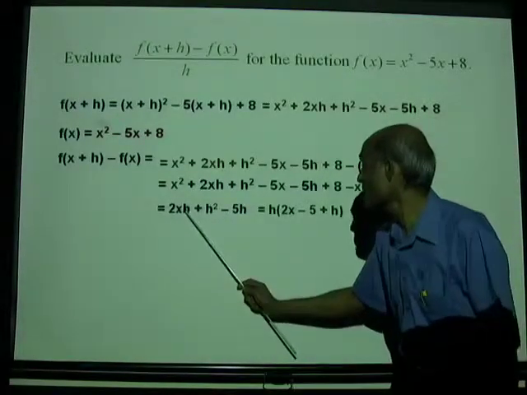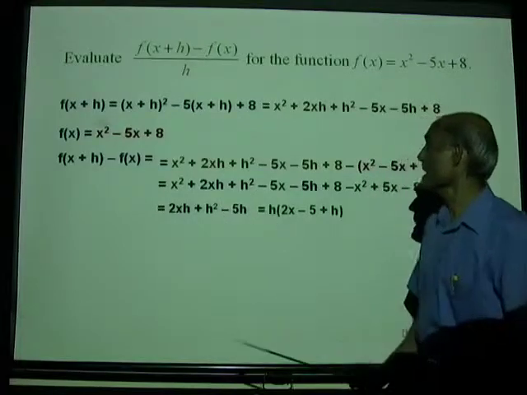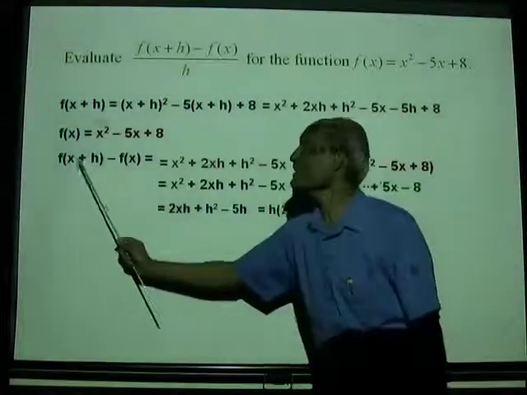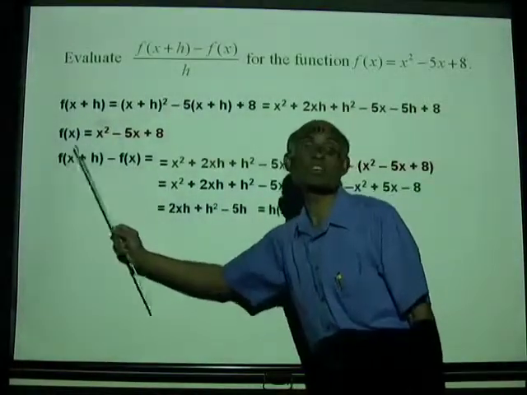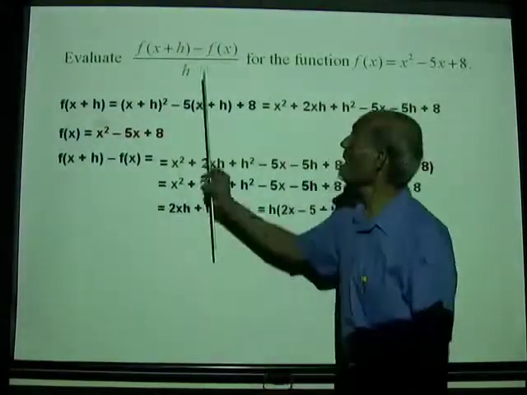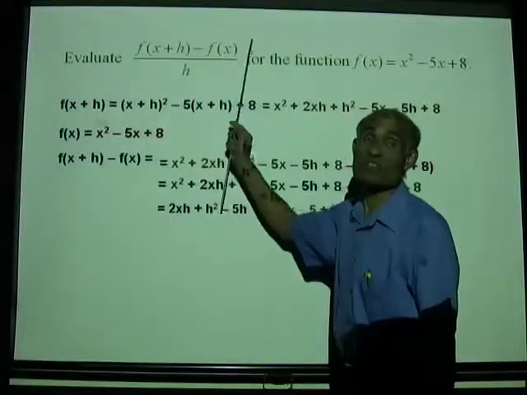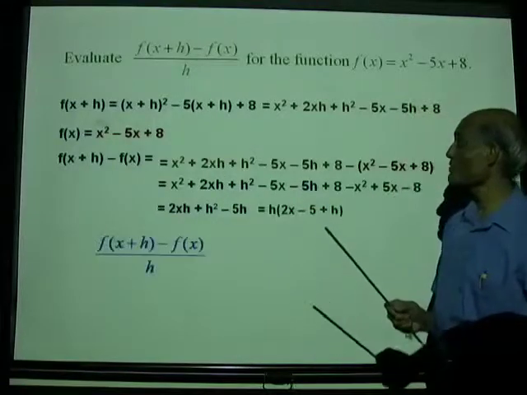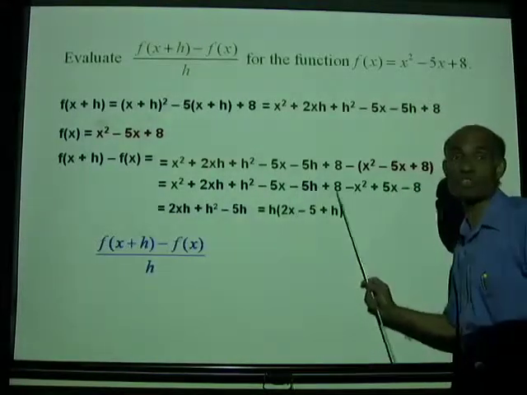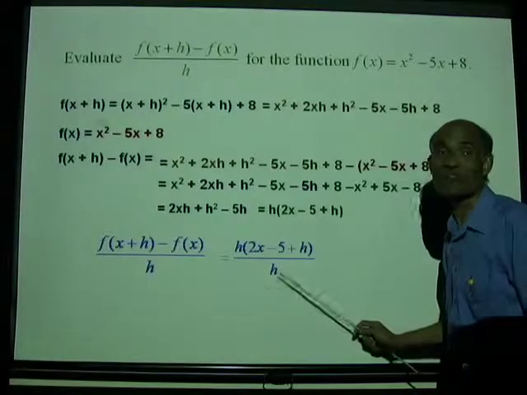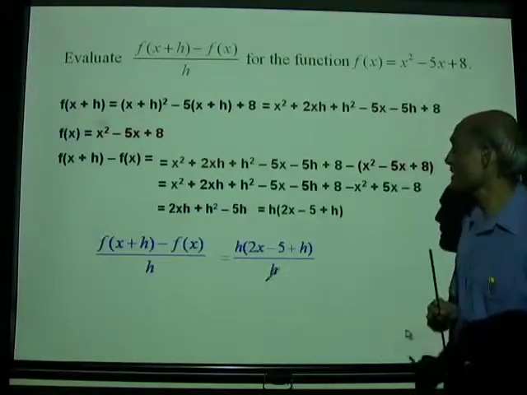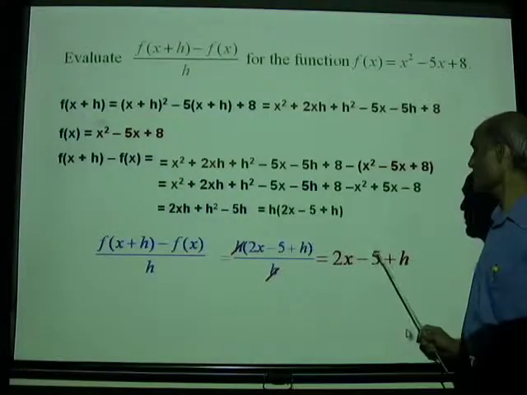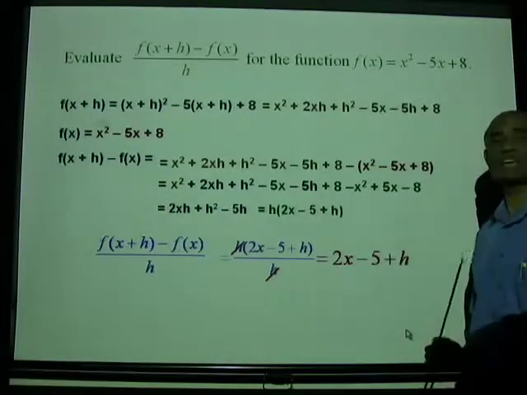Now I can factor out an h there. That will be h times 2x minus 5 plus h. That is this quantity, the change in the function value. We need to now divide it by h. So we take this quantity and divide it by h, and h will cancel, leaving us with the final result 2x minus 5 plus h.